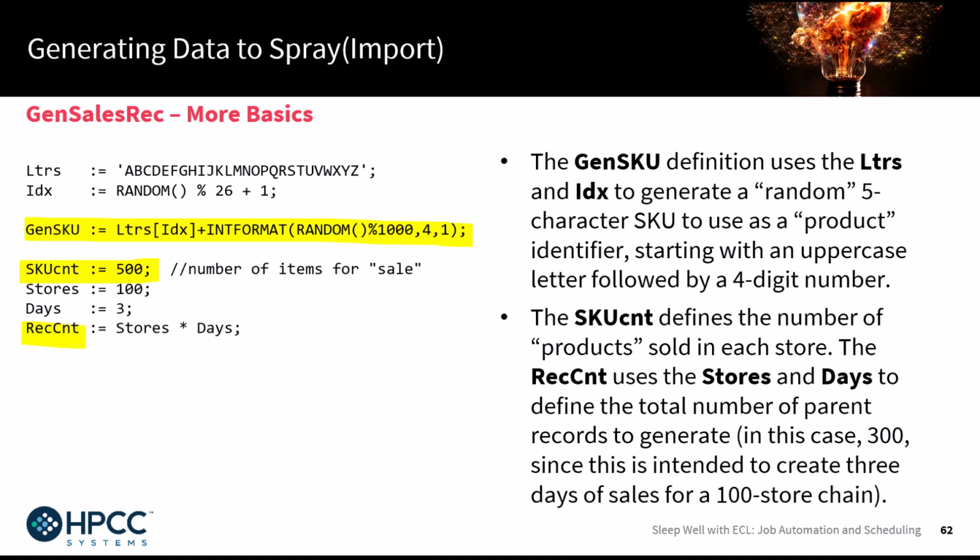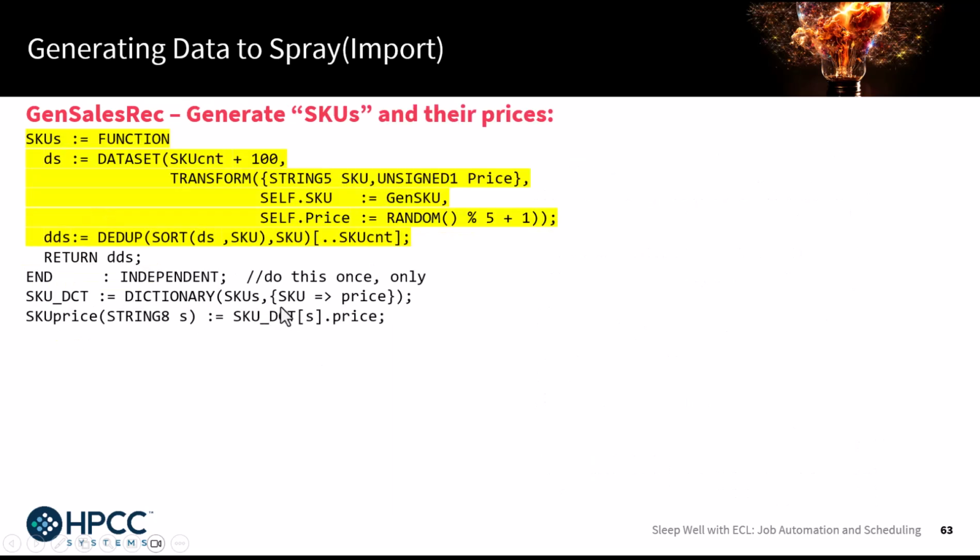The record count, RECCNT, uses stores and days to define the total number of parent records to generate. So in this case, stores times days, we have 100 stores times 3 gives us 300 parent records. Our intention here is to create 3 days of sales for a 100 store chain.